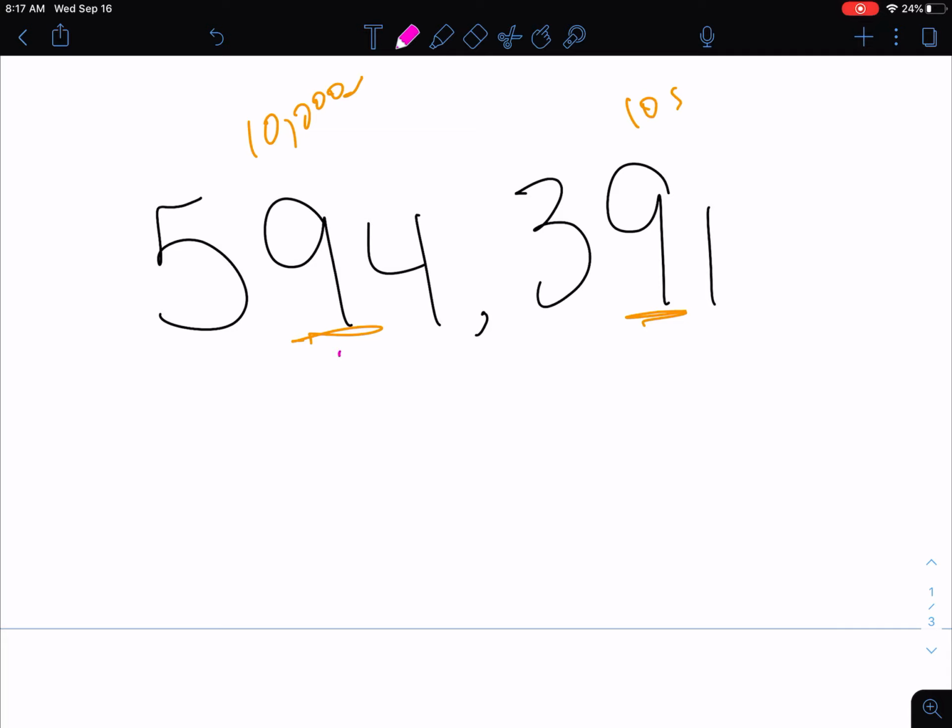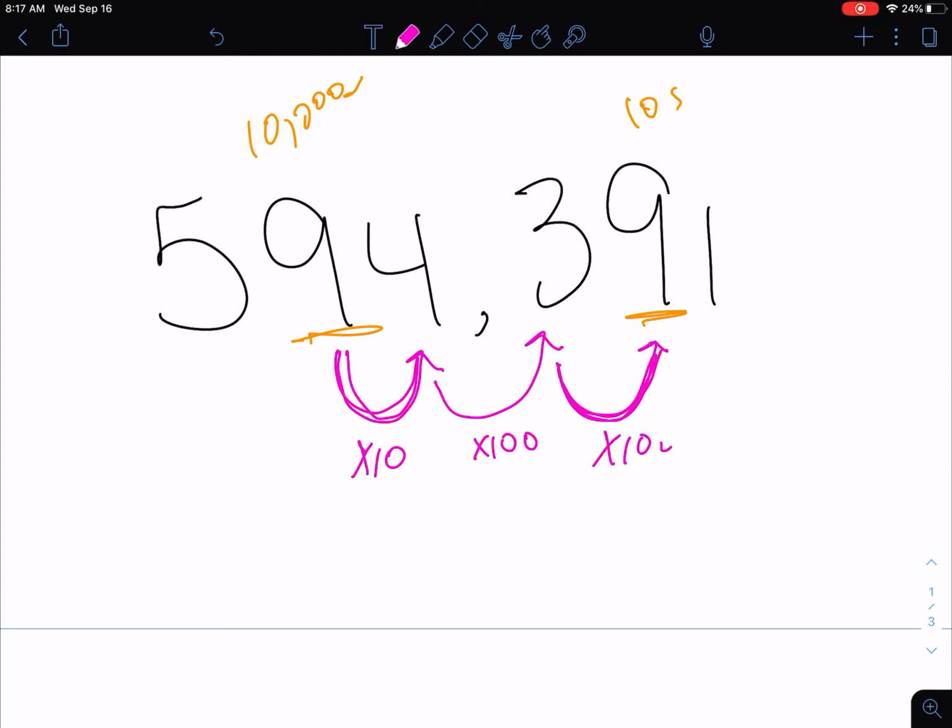So we're going from the 10,000s place to the thousands place, from our thousands place to our hundreds place, and from our hundreds place to our tens place. So we know that this is 10 times, and this is another 10 times, which makes 10 times 10 is 100, and this one is another 10, which is 100 times 10, and that is 1,000.